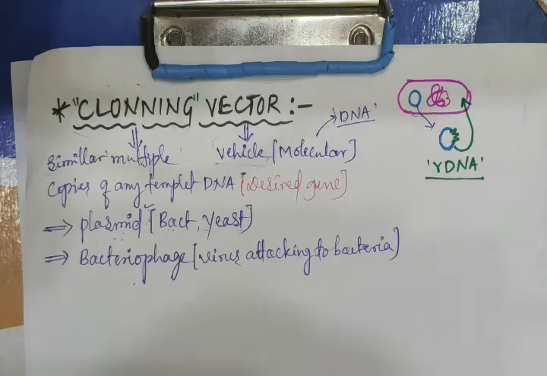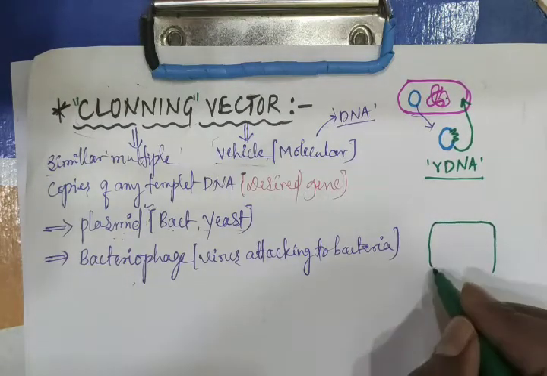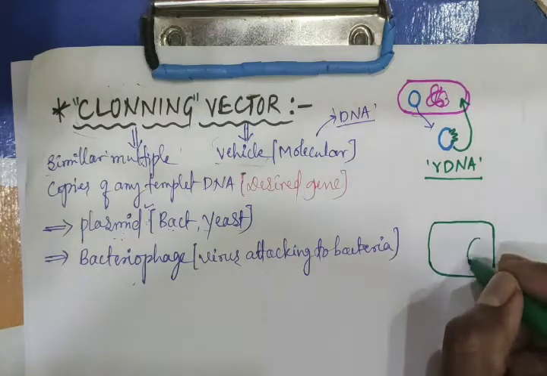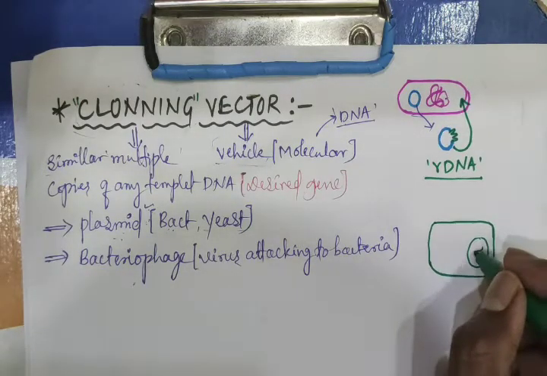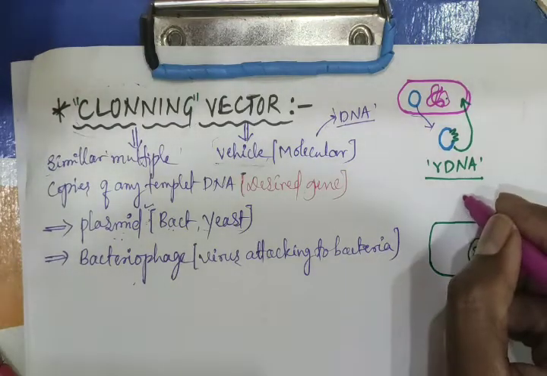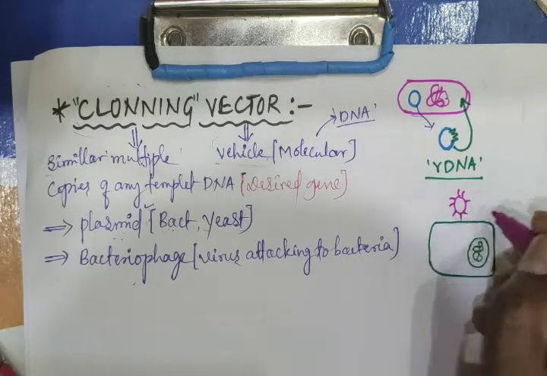So one process. First I am going to draw the diagram. Then you just imagine what this process is. Here one host cell is present. Then it has the nucleus. Inside the nucleus it has the DNA. Right? And now one virus is going to enter. So this is the virus.